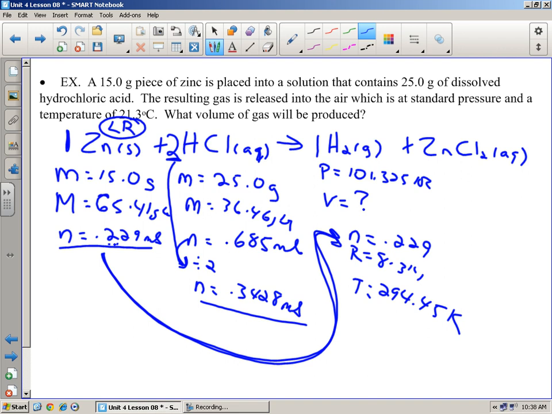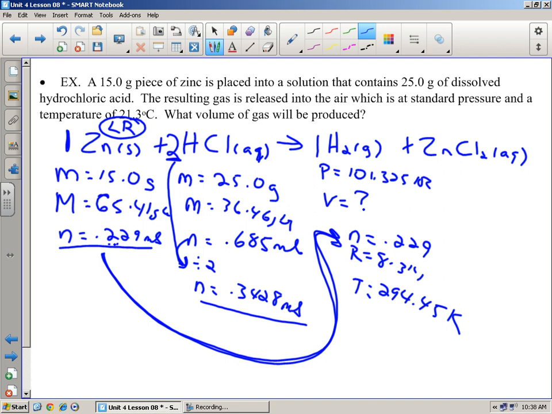And of course, you want to use the unrounded number. So is it 0.229? No, it's 0.229 something, something, something, right? If you don't have that on your calculator, maybe you need to get that back by doing this division again. 15 divided by 65.41, 0.229322735, is the number you want to use there.